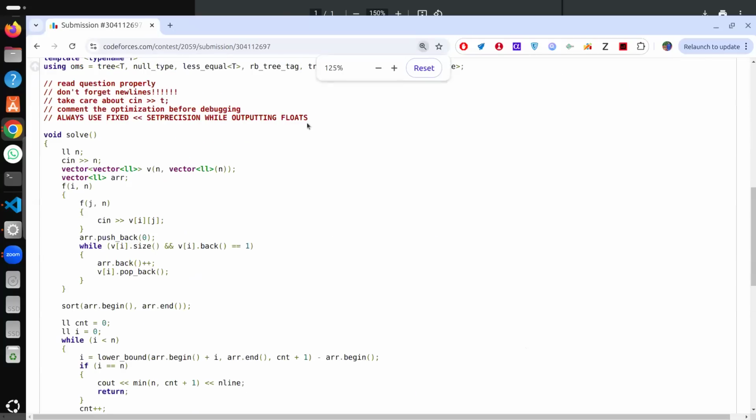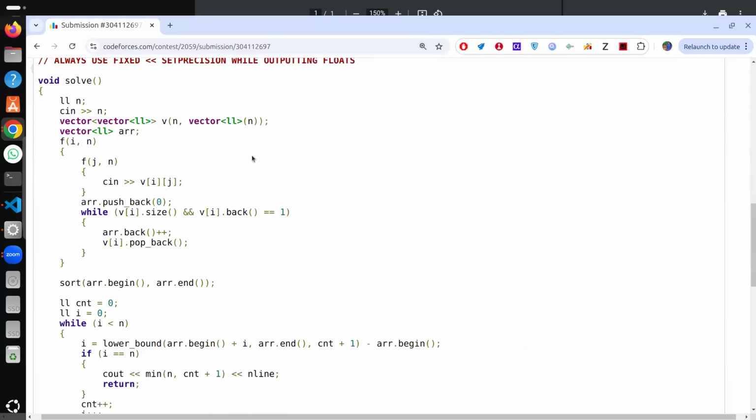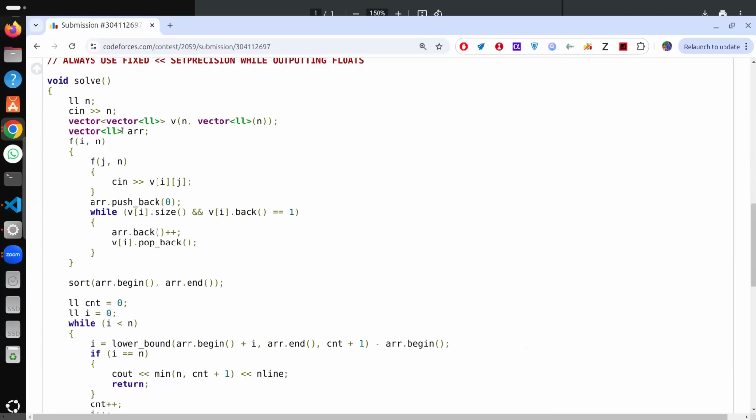So I took the input as a vector of vectors. For i equal to 0, i less than n, i plus plus, for j equal to 0, I took the input cin ij. So I took all the elements of row i in this for loop. Then I made this array, which is the number of ones array. And using this code, I just counted the number of ones.